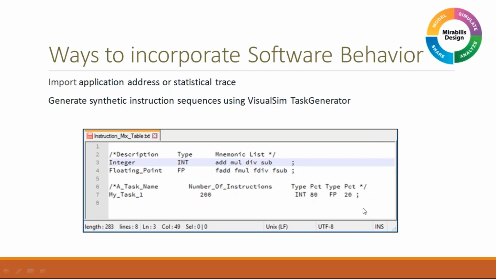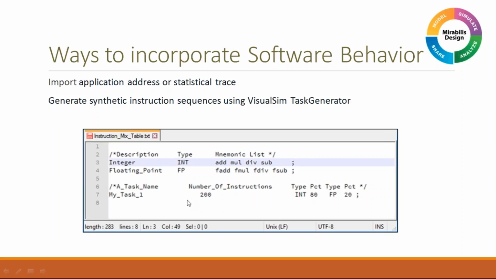Then you'll be listing out all the tasks that are there in your system platform. For example, I've given a dummy name called my task one and have considered that this particular task is going to take about 200 instructions. Out of 200 instructions, 80% will be integer type and 20% will be floating point. So coming to this number of 200 instructions, this is quite simple.